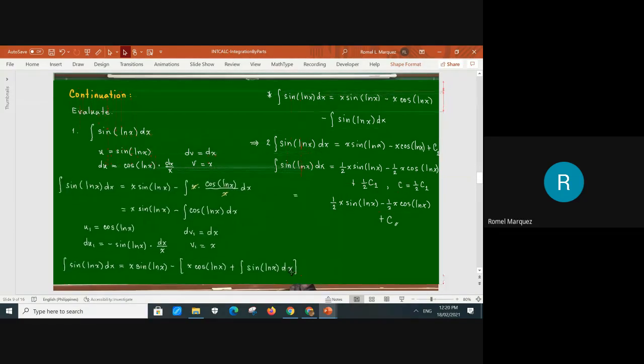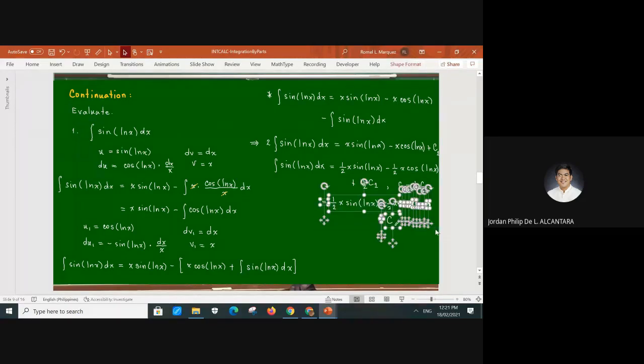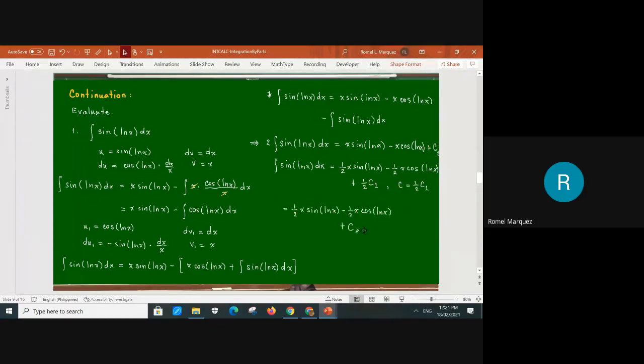Sir, question. Yes. In my final answer, can I keep 1/2 C, or does it have to be just C? Actually, there is no problem, because when you differentiate 1/2 c sub 1, it is zero also, so it returns to the original. And the derivative of c is zero also. But of course, every time we write, we try to simplify the constant, because we want the simplest form of the arbitrary constant.